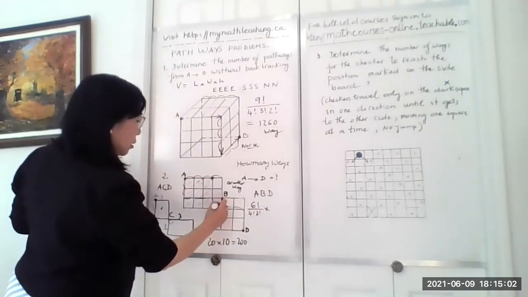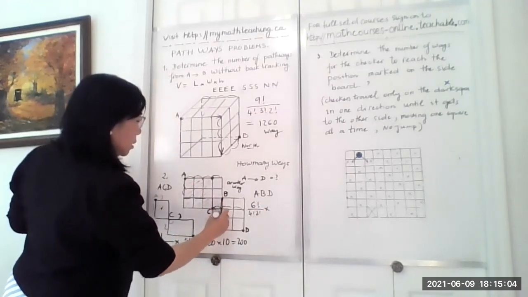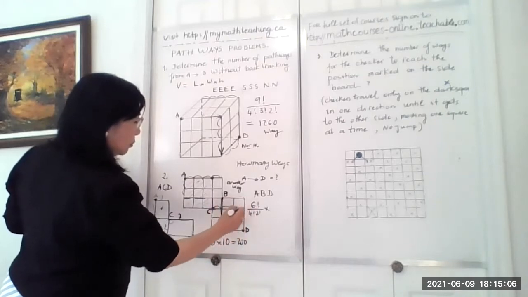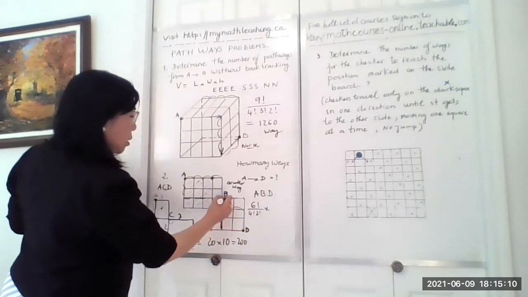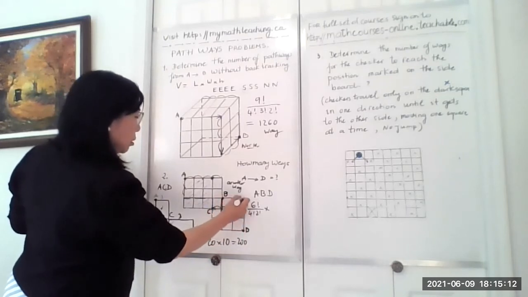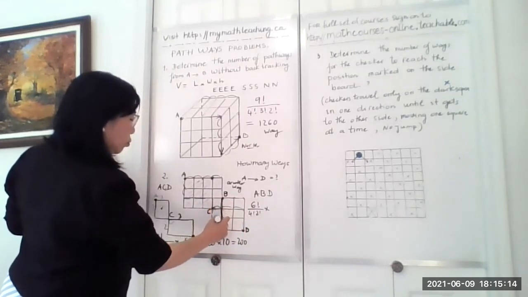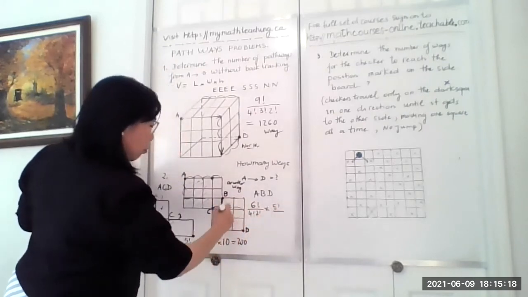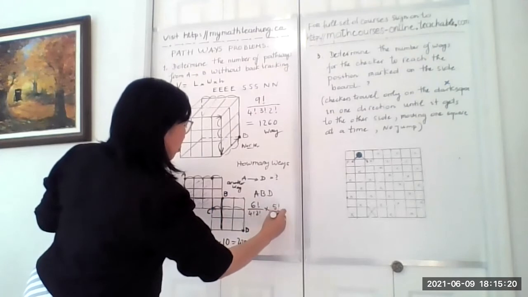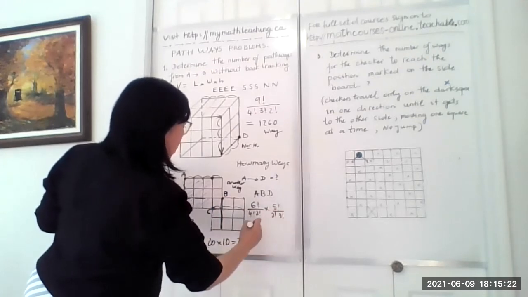Now you look at the BCD block, right? This one, B here, and this one here. So this one here has 2 blocks on the top and 3 blocks here. So it's 5 factorial in total divided by 2 factorial and 3 factorial.